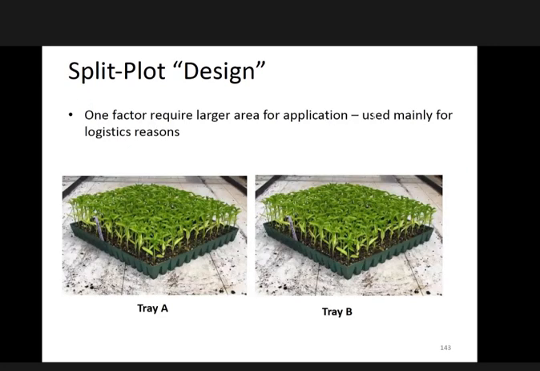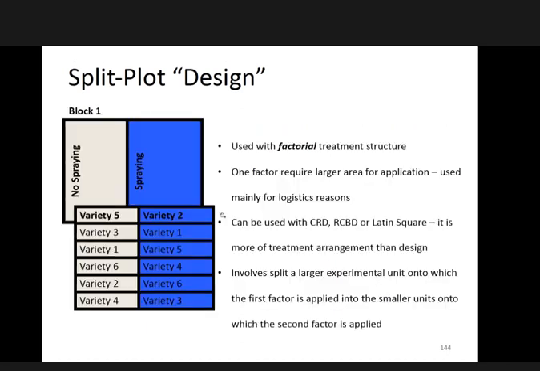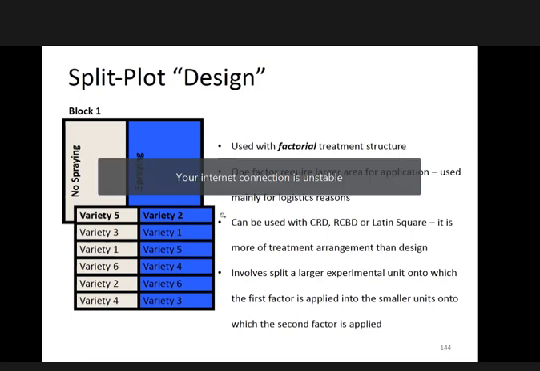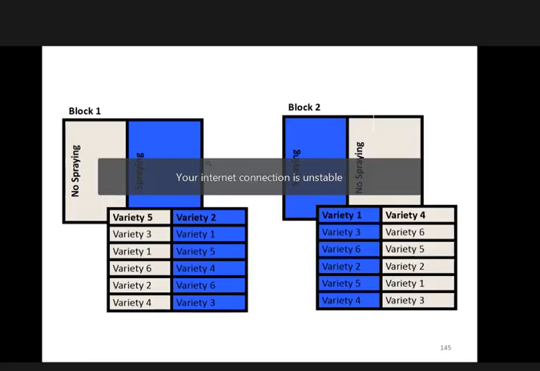So maybe the first two lines will be variety 1, variety 2, variety 3, variety 4, variety 5, variety 6. Okay? And we have to break this one up into the different components that we have there.